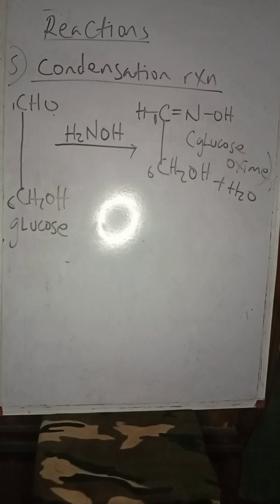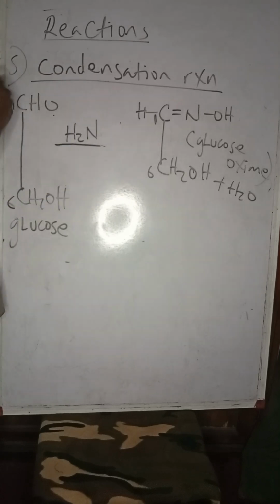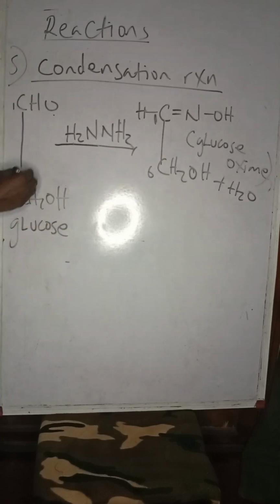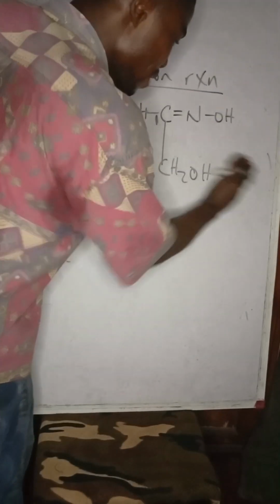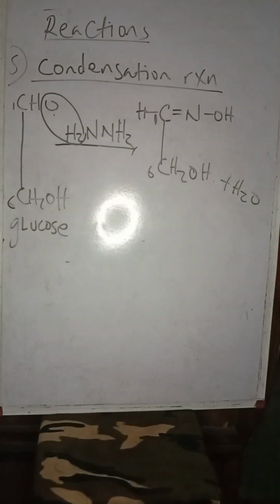So with hydrazine, which is a diamine, NH2NH2, in case those of us that don't know hydrazine. If glucose reacts with hydrazine, the H2 and O leave, so the byproduct is also water. With hydrazine, I'm going to have an N attached to another N, NH2.